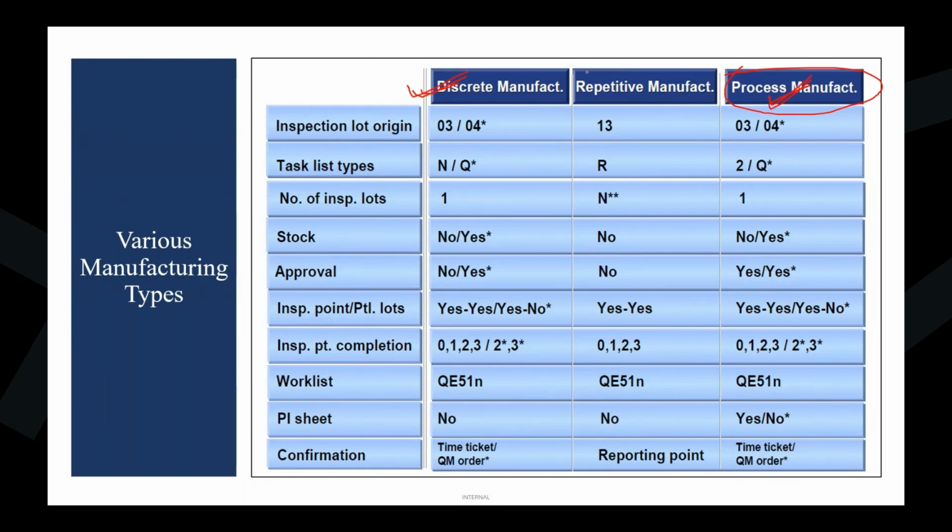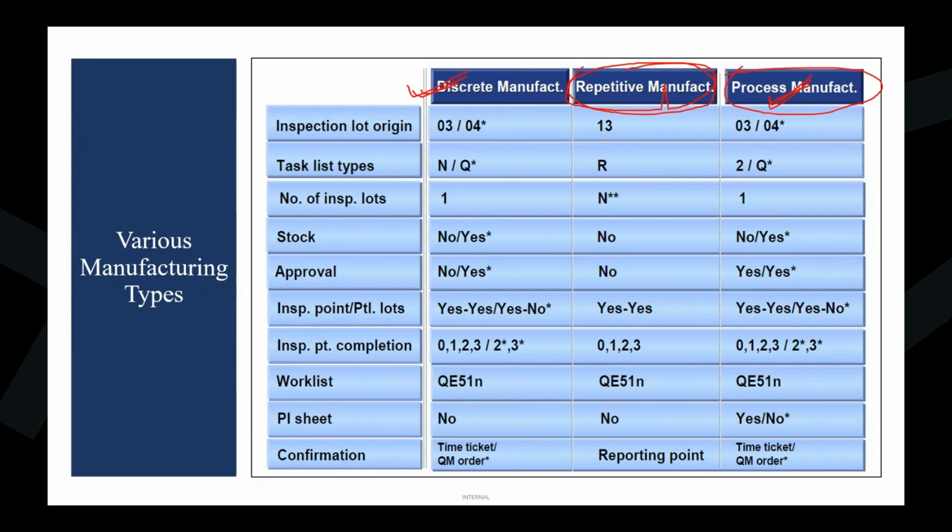Now, repetitive manufacturing means in those industries what happens is you continuously manufacture the same product over a longer period of time. Like let's say take the case of sugar manufacturing industry, same sugar they will continuously manufacture. There are no product changeovers. Okay, there are no machine changeovers.